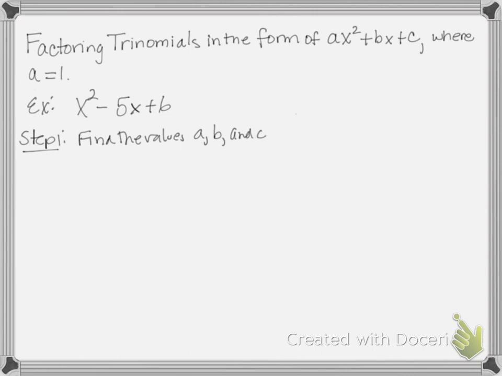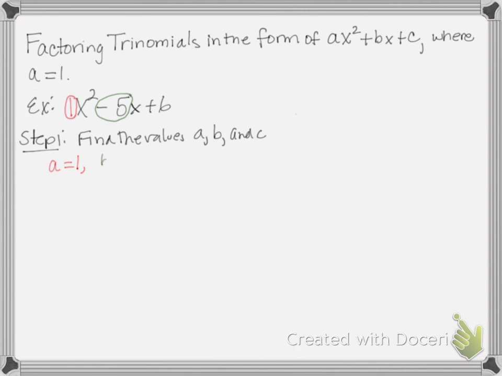Okay, so if I'm looking at my expression that I'm given, a is going to be the number that's in front of x squared, and that number is 1. So a equals 1 is the coefficient of x squared, b is going to be the number that's in front of the x value, and it's a negative 5.